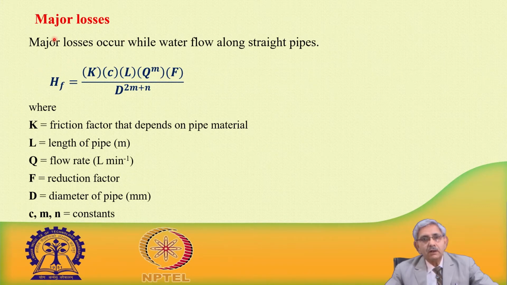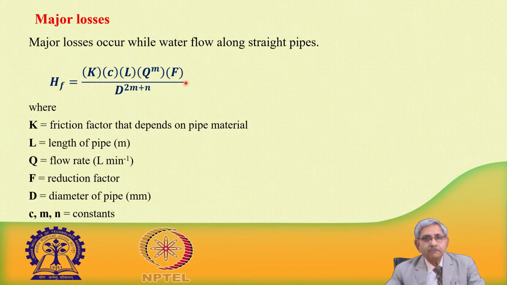The major loss, that is head loss due to friction, is given by HF equal to a constant K, multiplied by another constant, multiplied by the length of the pipeline.